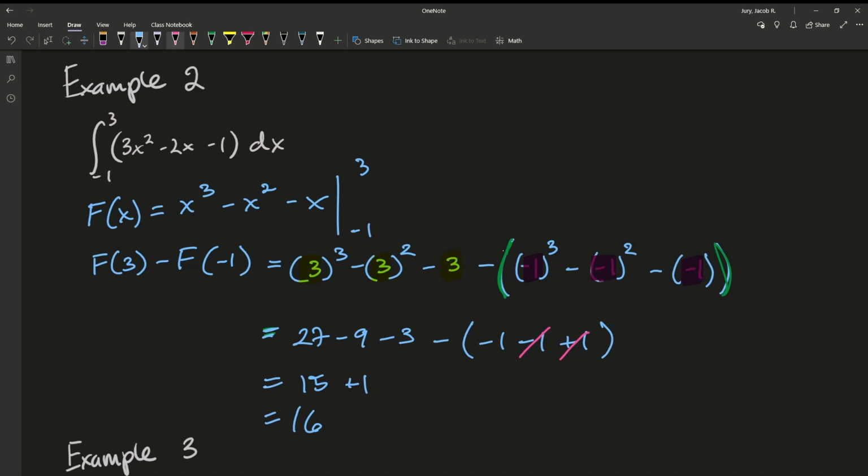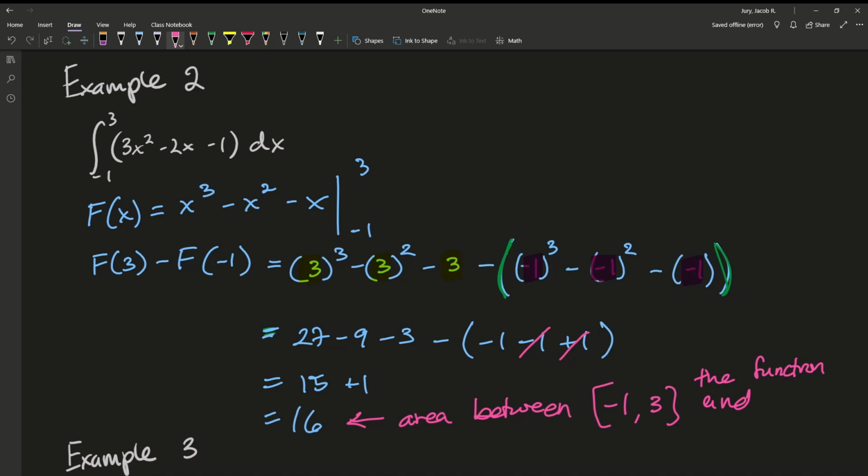So this means the area between -1 and 3, so I'm using interval notation, the function, which is 3x squared minus 2x minus 1, and the x-axis.